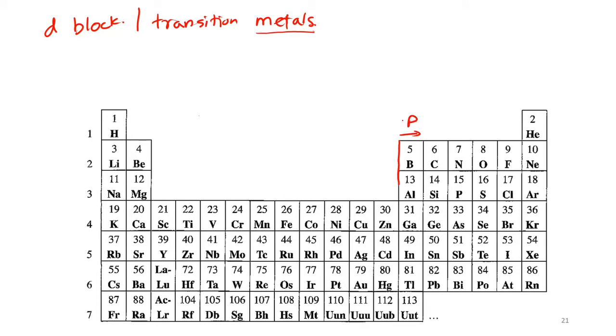From there onwards, you have P. And the 10 columns before the P, that's what we call the D block. So in the D block, the D electrons are filling. This is where the D electrons are filled.